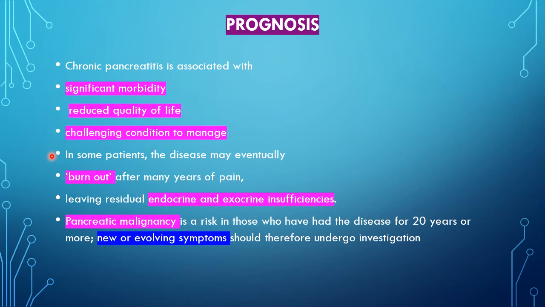In some patients, the disease may eventually burn out after many years of intractable pain, leaving residual endocrine and exocrine insufficiencies. Pancreatic malignancy is a risk in those who have the disease for more than 20 years or so. New or evolving symptoms should therefore undergo investigations.